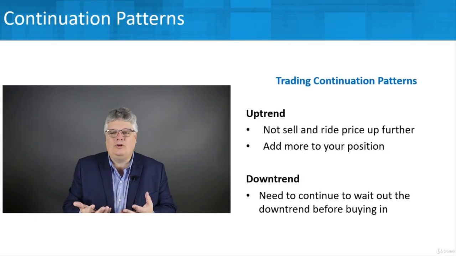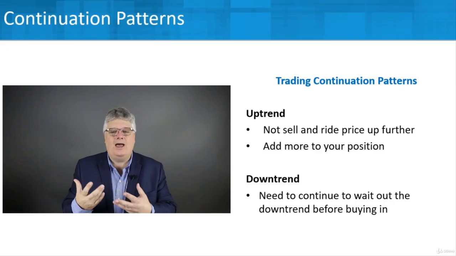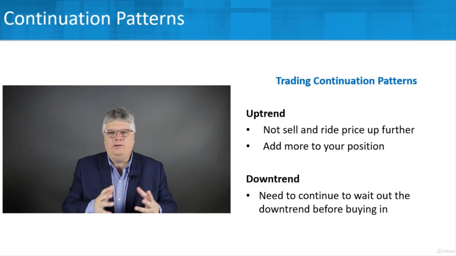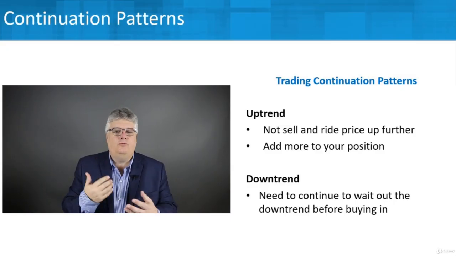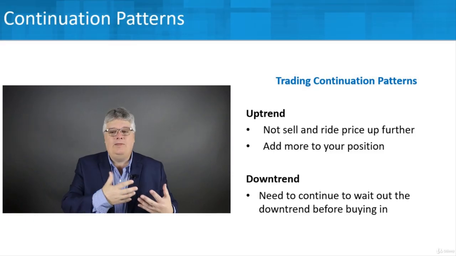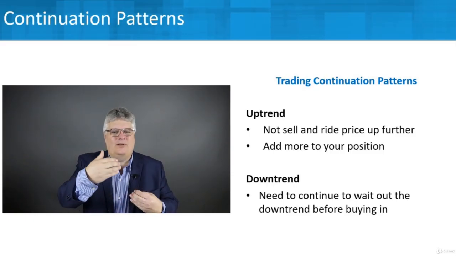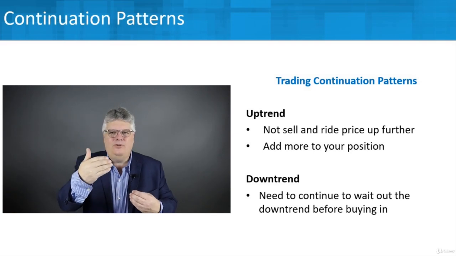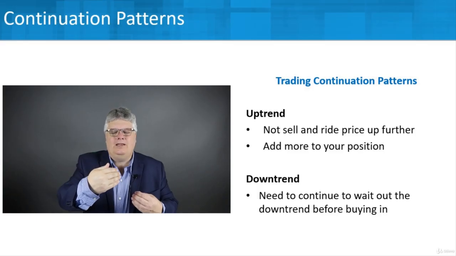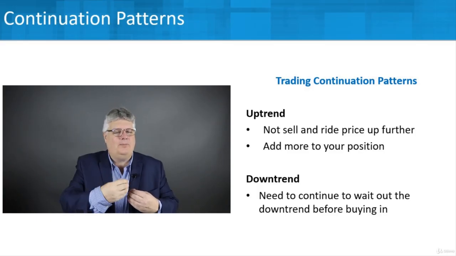So when you're trading continuation patterns, if it's an uptrend and prices are rising, you don't want to sell. You want to ride that price up further. Hopefully you bought in at some point lower. The prices have gone up, so you've made profit. And you're seeing this pattern. You maybe see a pause, but you see a continuation pattern. And so the idea is that it's going to keep going up and you'll get even more profits off of that initial trade.